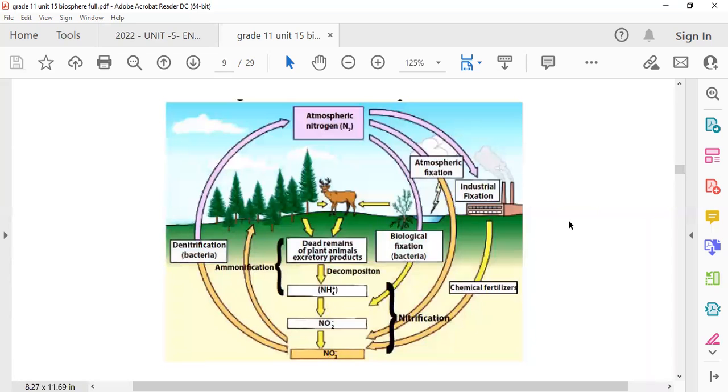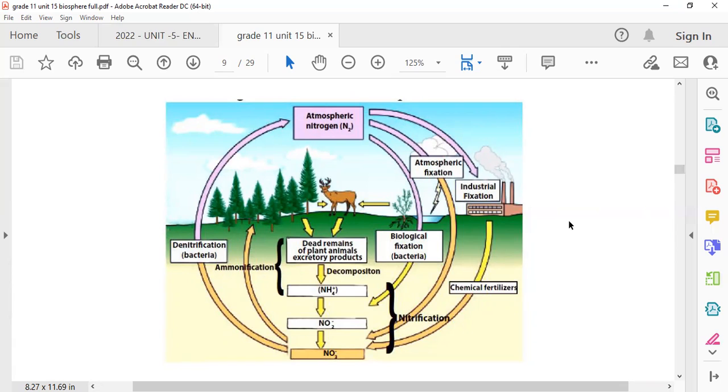In the nitrogen cycle, the main source of nitrogen to the environment is atmospheric nitrogen. This atmospheric nitrogen exists in the atmosphere at nearly 78%.